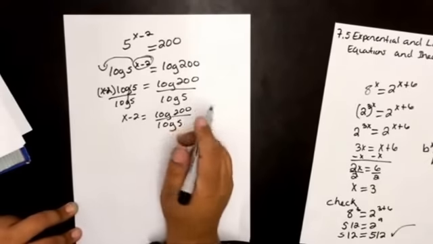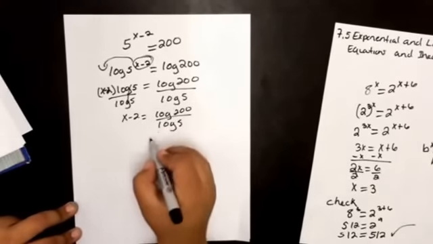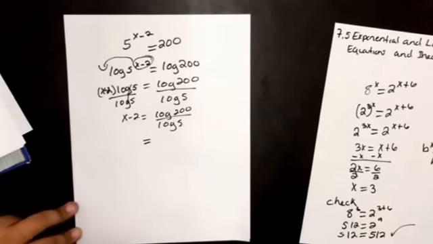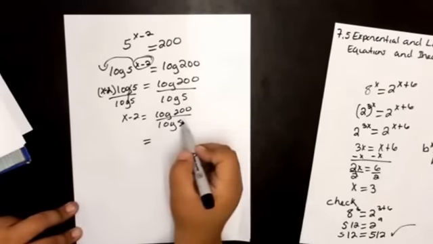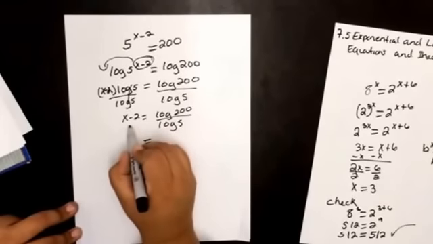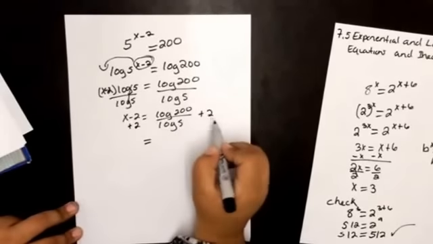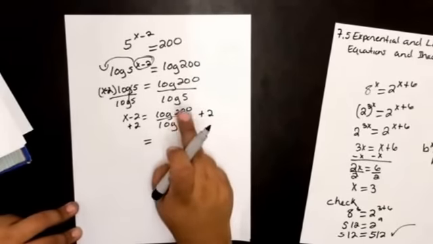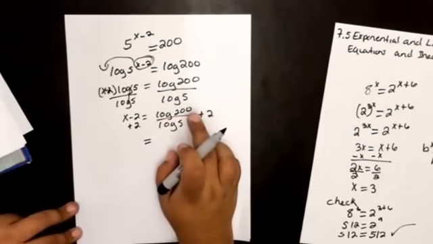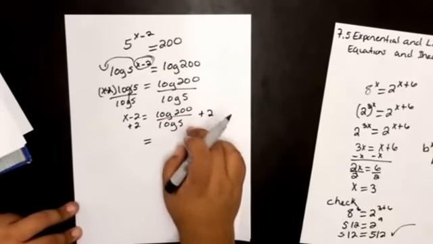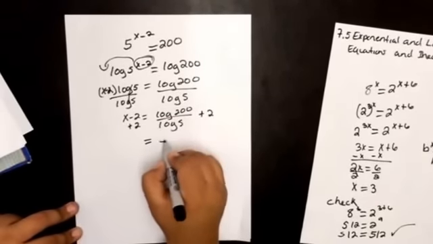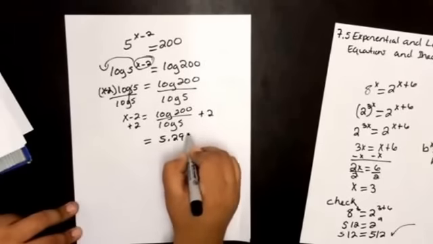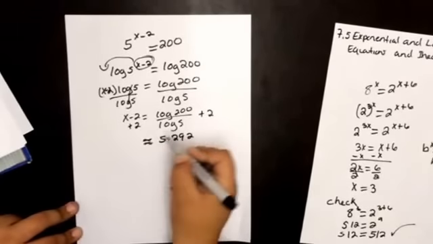If you plug this into your calculator, you get a value. Here what we can do is add the 2 to both sides. So when you add log of 200 over log of 5 plus 2, you'll get 5.292 approximately.